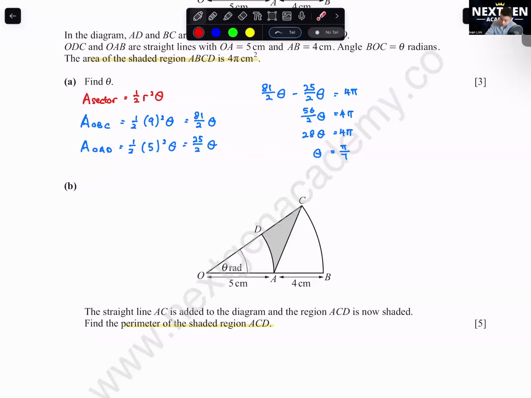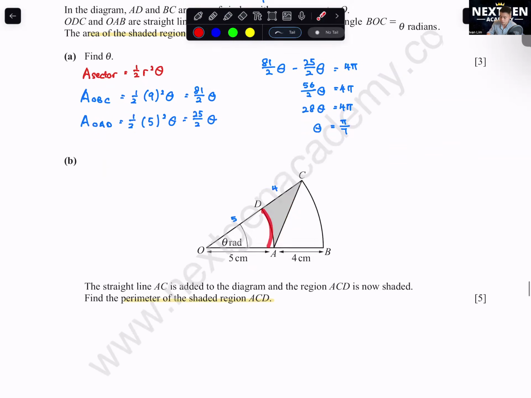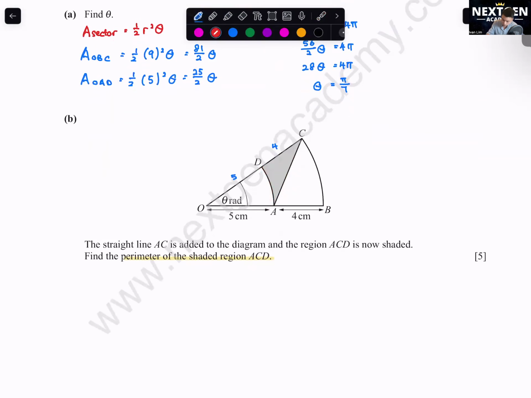Okay, what do we have? We already have this part here. This is 4, because this is 5, this is 4. So let's find this and this. The first one, AD, this is an arc. Arc formula: s equals r theta.